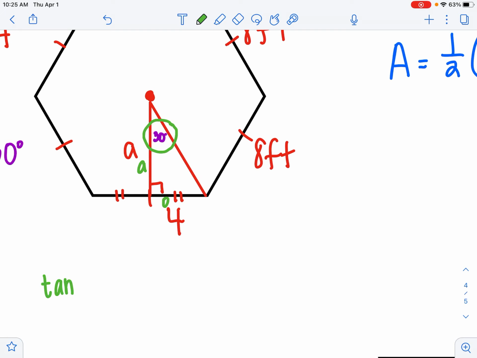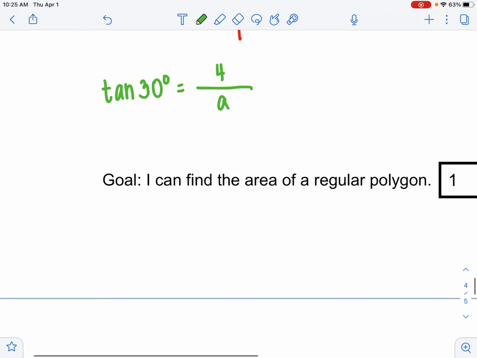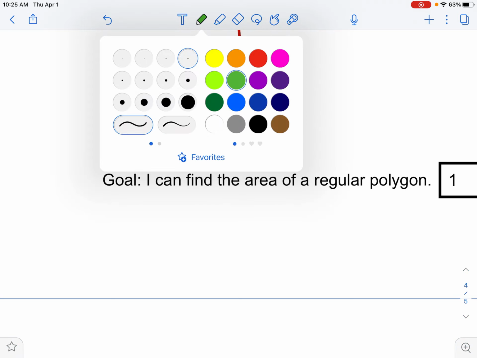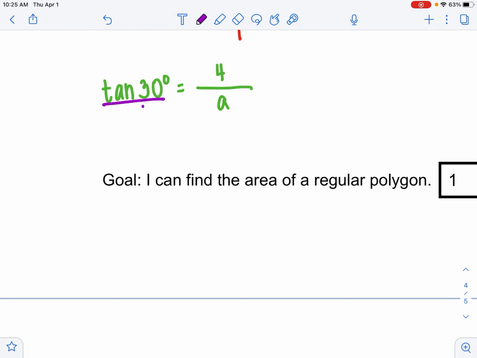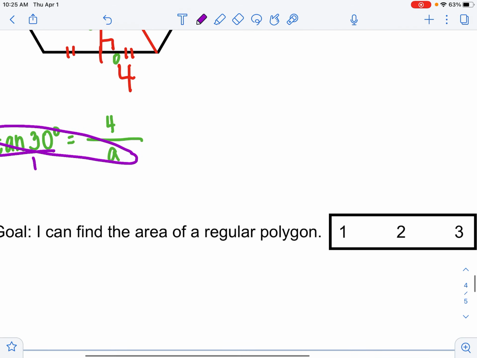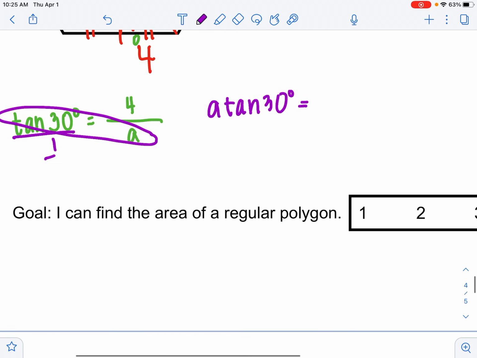So I have tangent of 30 degrees is equal to opposite, which is 4, over adjacent, which is A. I need to solve for A, so I'm going to cross multiply to solve for A. I'll put this over 1 and cross multiply. A times tangent of 30 is equal to 1 times 4, which is 4.